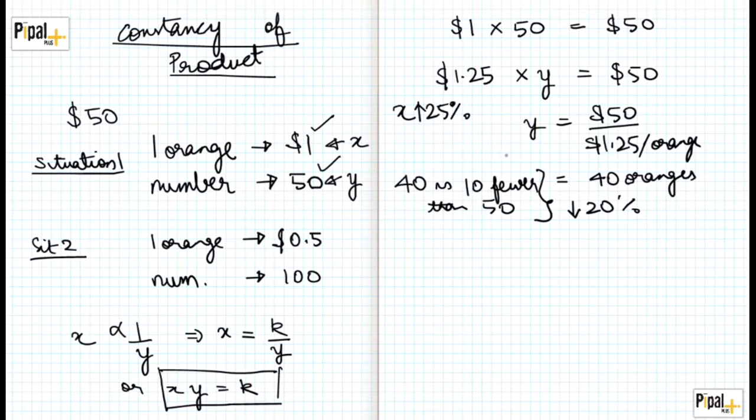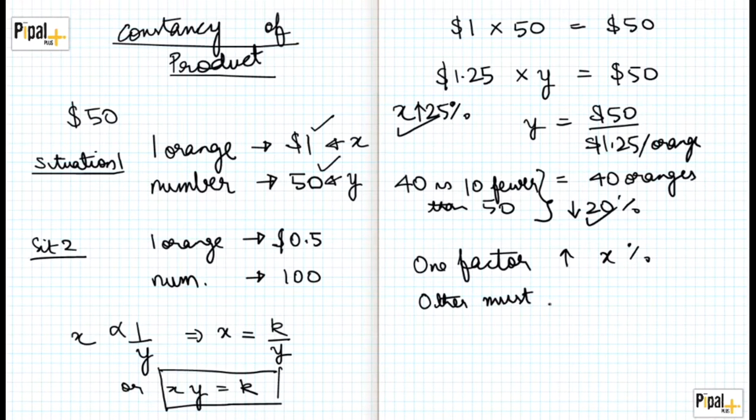So how is this change of 25% related to this change of 20%, right? Now, if one factor increases by x percentage, I'm using x for another thing now, then the other must reduce by x upon 100 plus x into 100%.